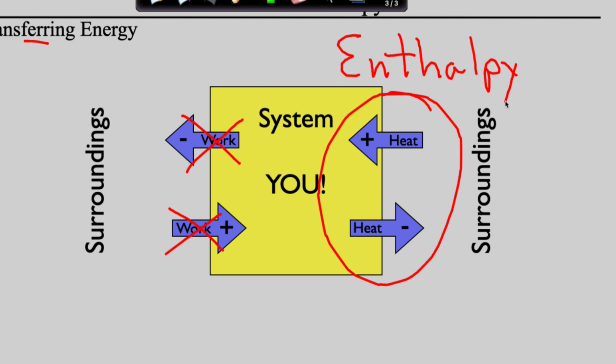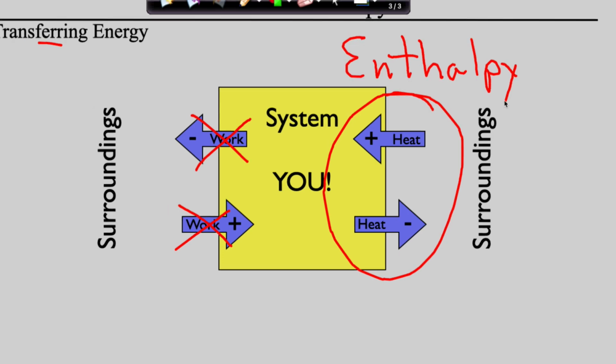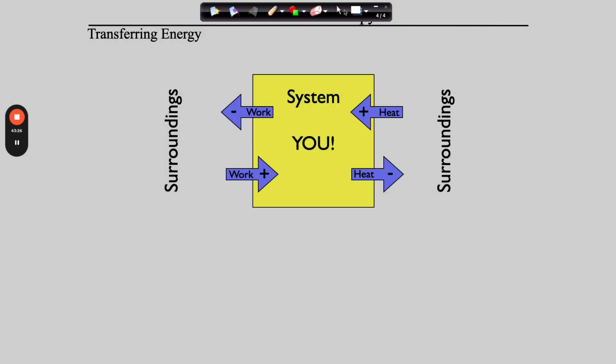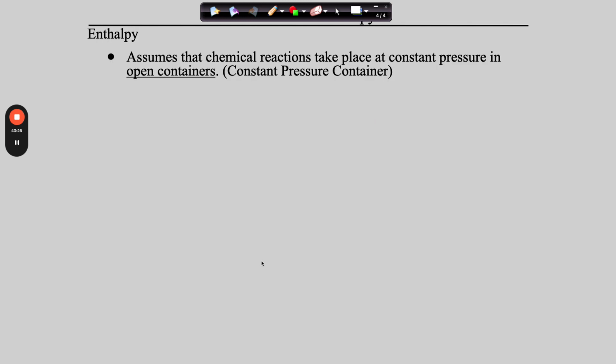So guys, this then becomes the important next point. Let's skip over here. And this then gets us to our conversation about enthalpy. When we talk about enthalpy, remember how we talked about closed systems? We're also going to talk about open containers.